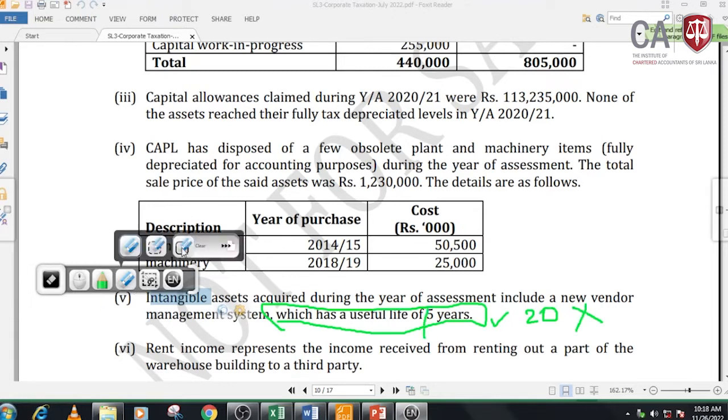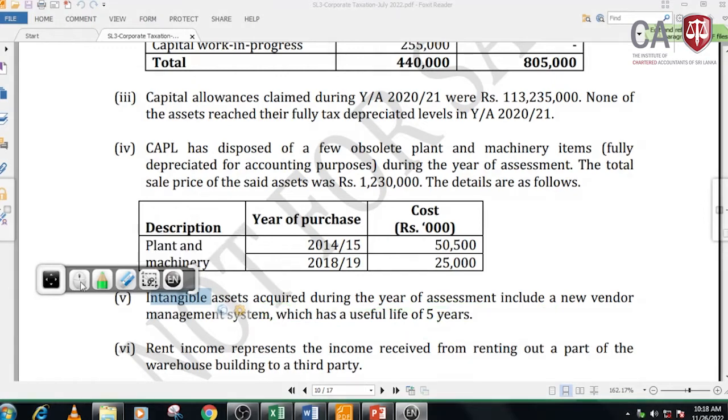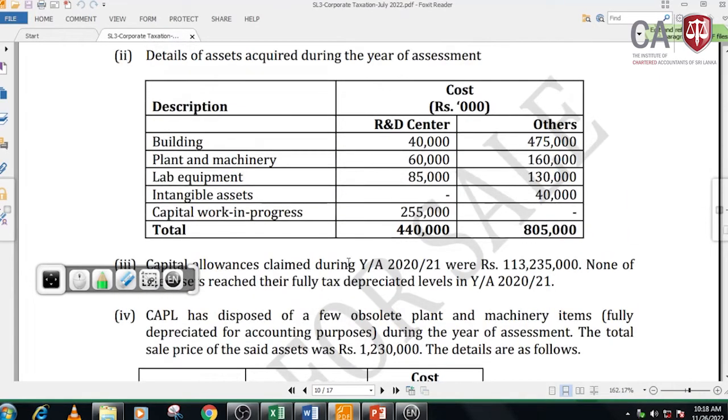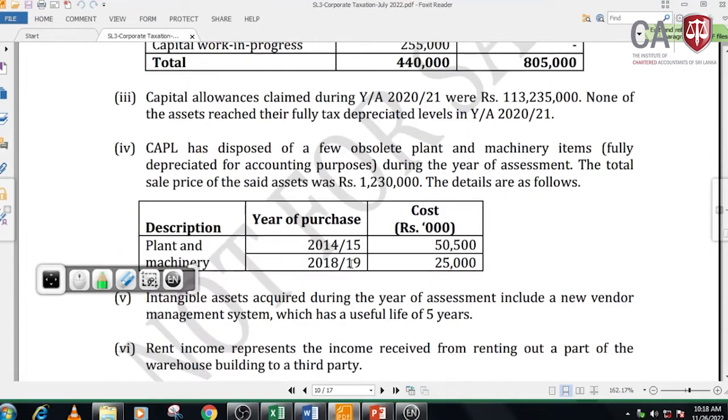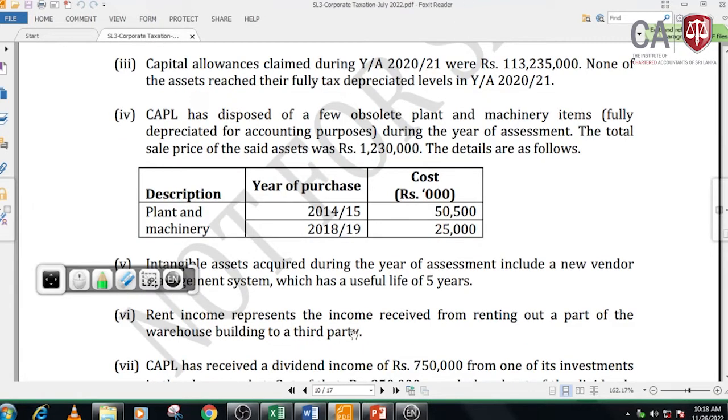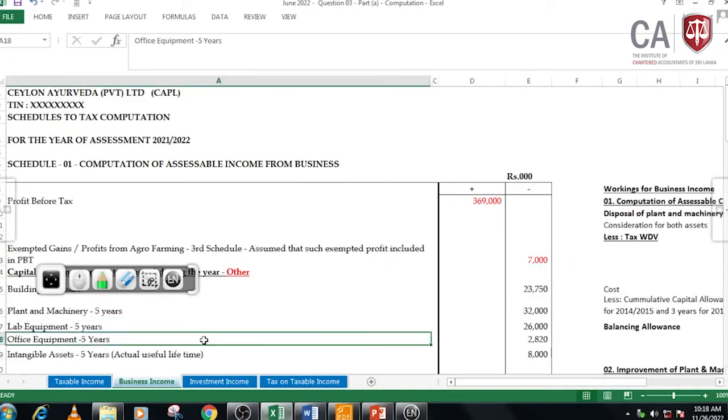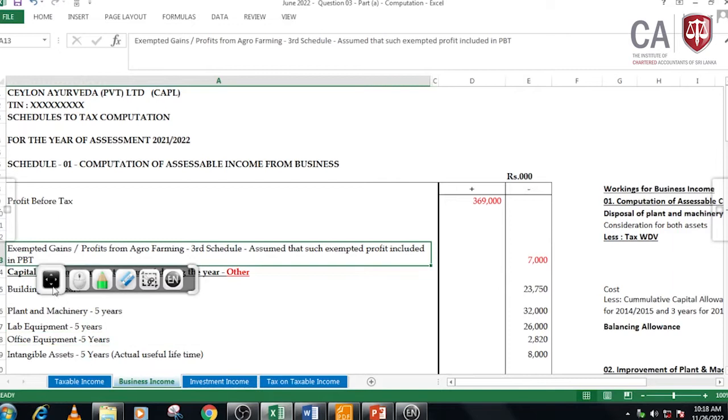Okay, then done. Now let me come to each adjustment. Now I am going to do this in Roman 2, Roman 3 and Roman 5. Now come to the computation.